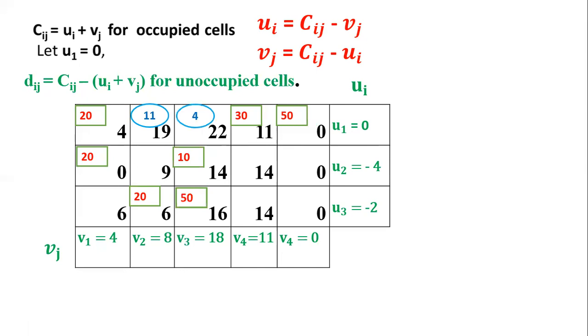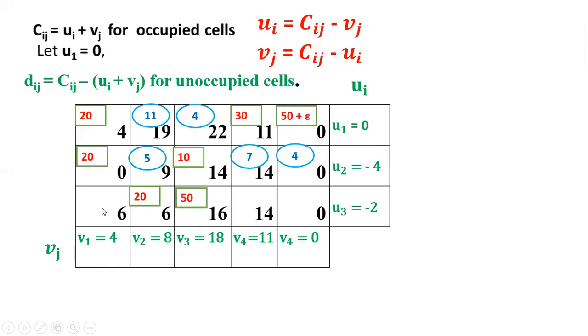Next allocation values 9. 9 minus open bracket minus 4 plus 8 equal to minus 4 plus 8, 4. So 9 minus 4, 5. Next 14. Simple, 14 minus open bracket, using this formula, minus 4 plus 11 equal to 7. And next one is 0 minus 4 plus 0 equal to plus 4.